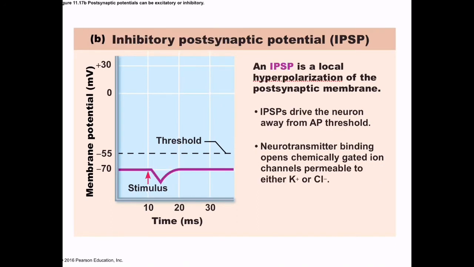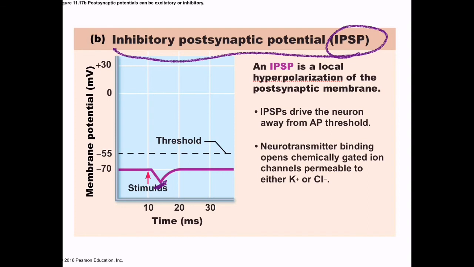Conversely is the inhibitory postsynaptic potential, the IPSP. Again, it's a type of graded potential. Instead of telling cells to get ready, like for excitatory, what it does is say, hold off, hold off. There's signals in the area. It's not for us.